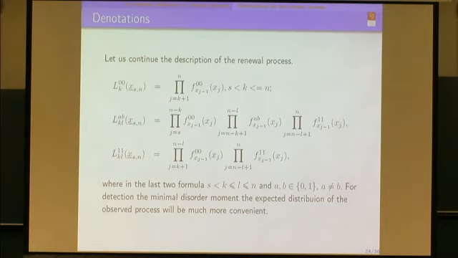It looks very similar to previous likelihood functions, except that here we have two forms of this likelihood function, because A and B could be 0 or 1. And in further consideration, I will use both forms.